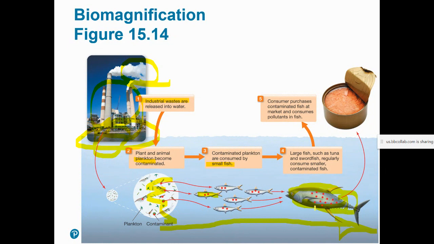But then once we eat a large fish, like a tuna fish, for example, or swordfish, that fish has eaten so many of these smaller fish that it now has quite a bit of this chemical pollutant in it. And then you, the human, go and eat the tuna, and you've now eaten the most of this chemical pollutant. So that's biomagnification. Basically, as you move up the food chain, you get this magnifying effect of the amount of contaminant in the food.